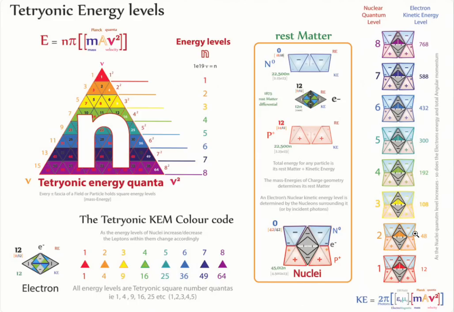Obviously the energy of the electron when it's bound is a kinetic energy, and we'll go on to show that it's not only kinetic energy, but it's also a magnetic moment resulting from the energy in the chem field of the electron when it's bound.